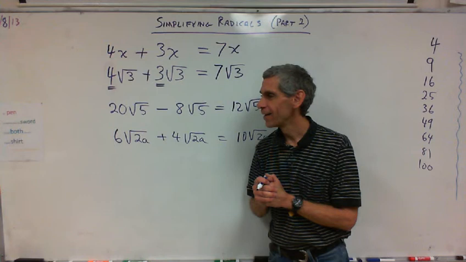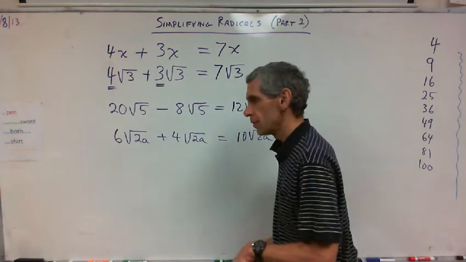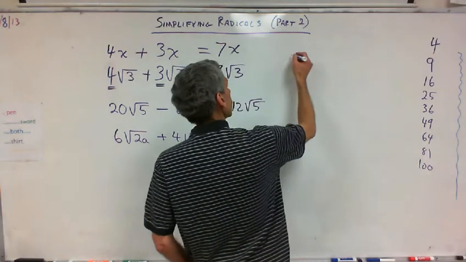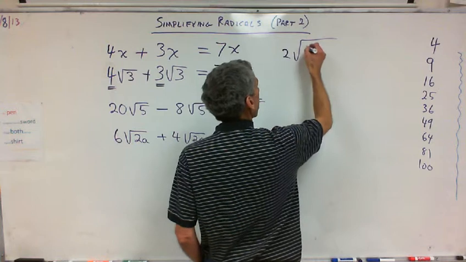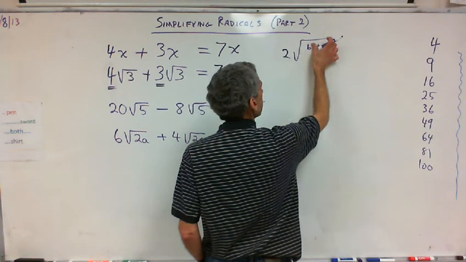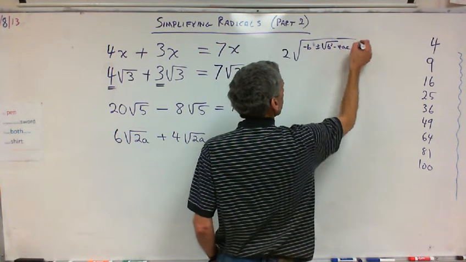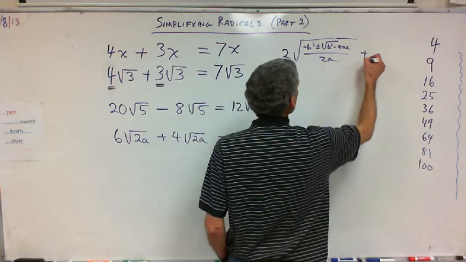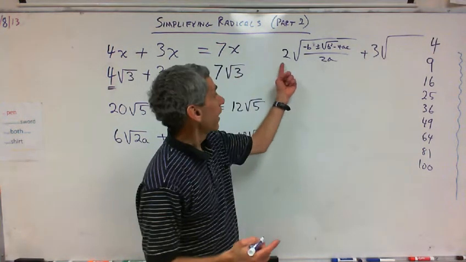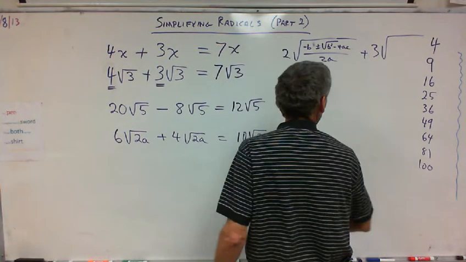If you had some long expression and a really massive radical, so you could do 2 times the square root of negative b plus or minus the square root of b squared minus 4ac all over 2a, plus 3 times the square root of whatever. Same thing. Then you could add the coefficients and you have 5 of those. Yes, that's a good question.